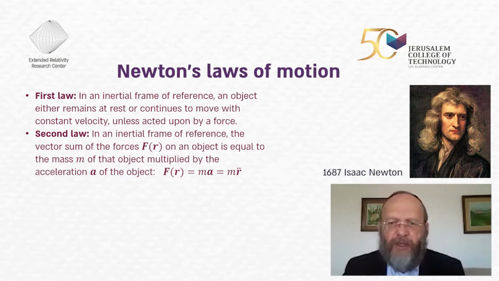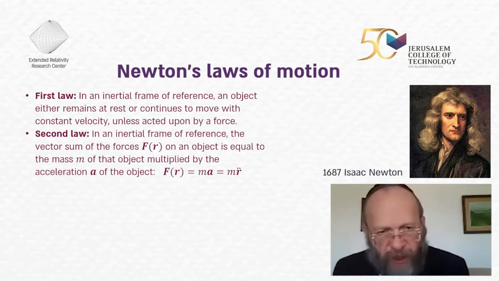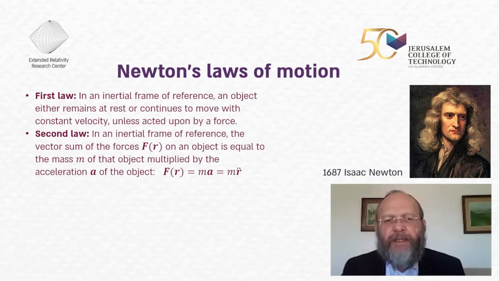That's the main law: F of r, with the assumption that the force depends on the position, equals m r double dot. That means it's a second order differential equation with respect to the unknown function r of t, and that's what physics has to solve. There's a third law.